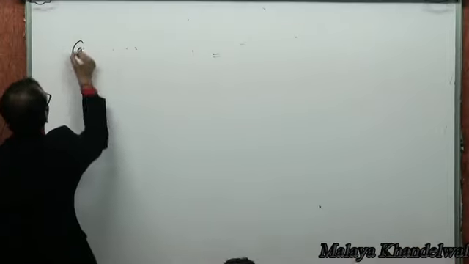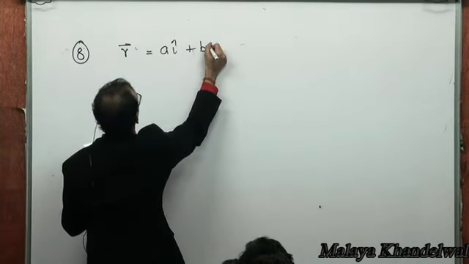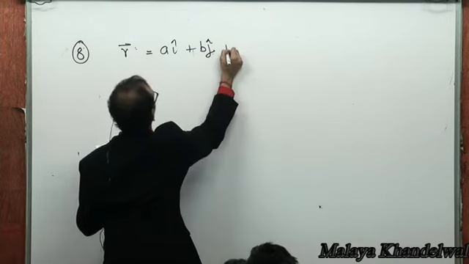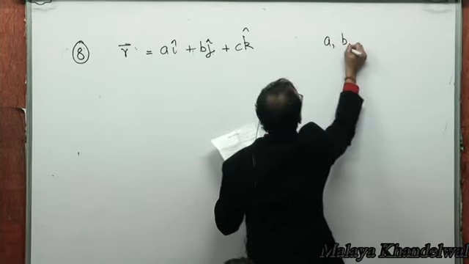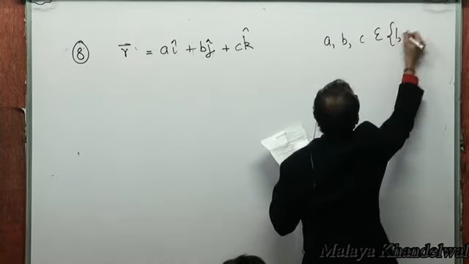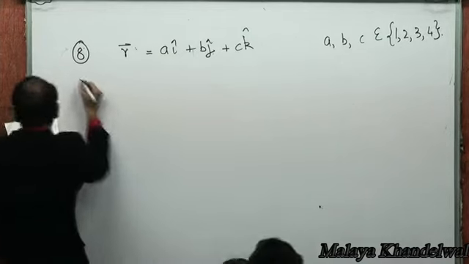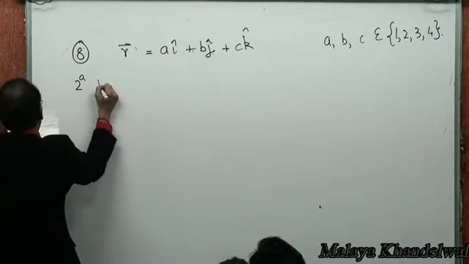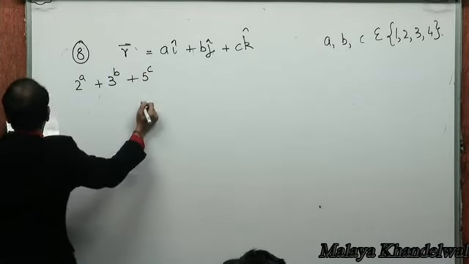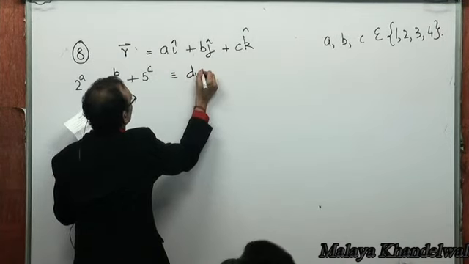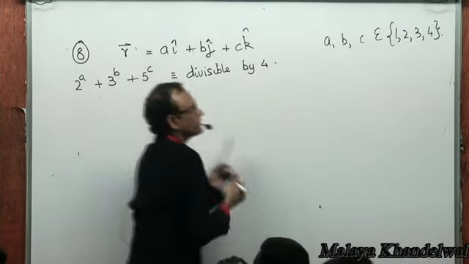So we are talking of position vectors R created out of numbers A, B and C, where A, B, C belong to the set 1, 2, 3, 4, and 2 to power A plus 3 to power B plus 5 to power C. We want this to be divisible by 4.